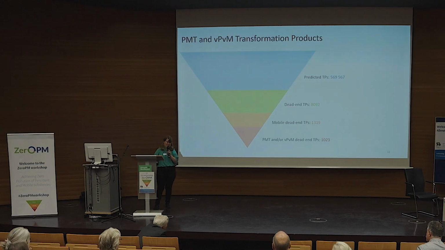Combining that with the toxicity results, we can then see that 1,023 compounds were predicted to be either PMT compounds or vPvM compounds. And that's still a pretty big list to work with, but it's much better than these 550,000 that we started out with.